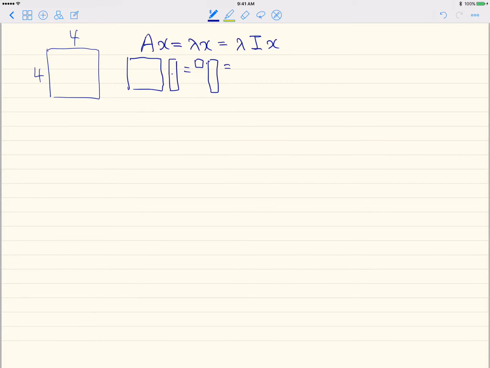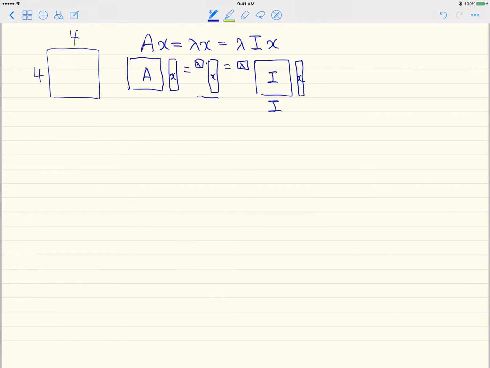But in this case, we manipulate it so that we put the identity matrix here. So this is an identity matrix, and then our vector x. That's a really simple manipulation: Ax equals lambda I x.